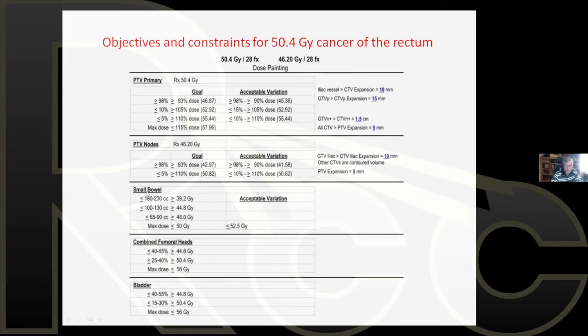Acceptable variation here, for small bowel: maximum dose to the small bowel, 50 gray, but we'll accept up to 52.5 gray. Bladder would be an organ at risk. Femoral heads, we contour all the time because of the bone marrow. We don't want those to get too high a dose. Small bowel, certainly, we try to limit the dose to the small bowel as much as we can.